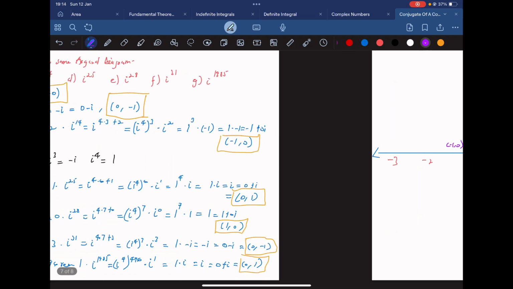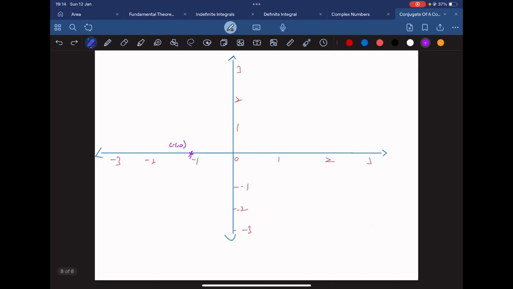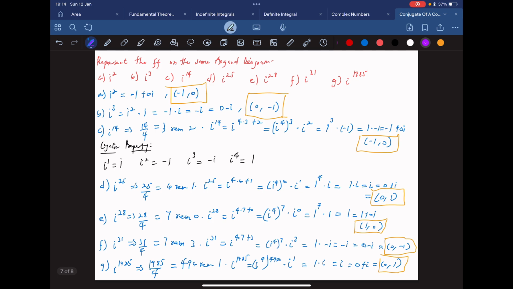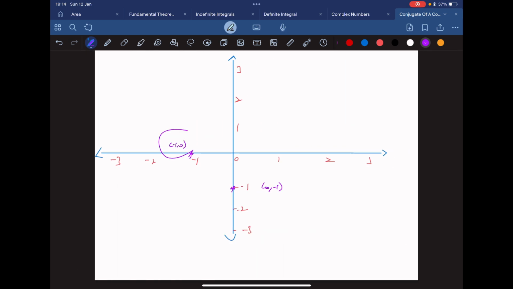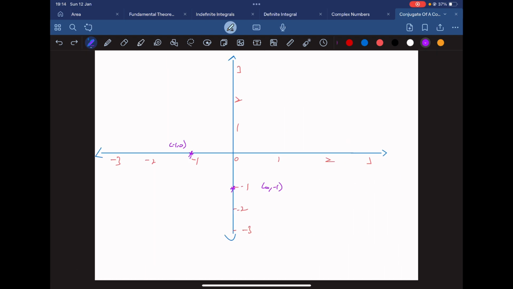Now for the second one, you have (0, -1), and (0, -1) should be here. So we have 0 and minus 1. For the next one, we have (-1, 0), which is what we've done already. Now the next one is (0, 1).